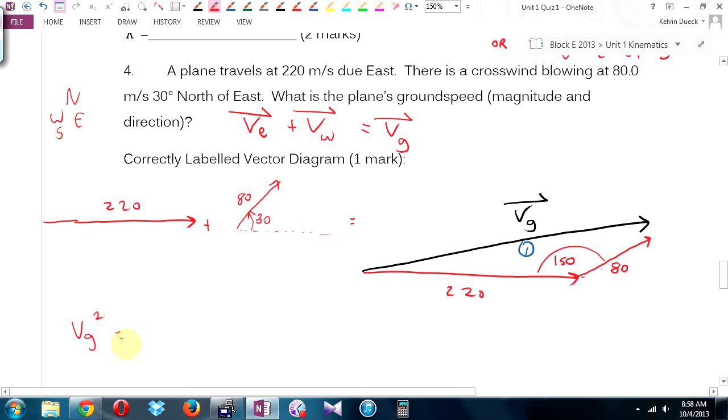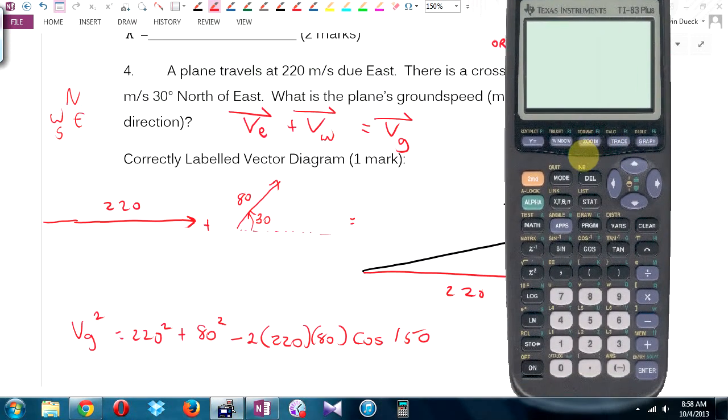I can go V_G squared equals 220 squared plus 80 squared minus 2 times 220 times 80 cos 150. Oh, that's V ground squared.